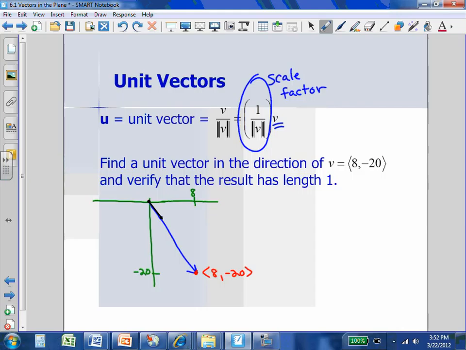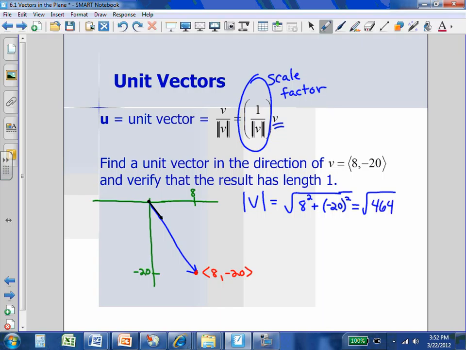So we need to figure out what the magnitude of v is first of all. So the magnitude of v, we're going to take our horizontal component, square it, take our vertical component, square it, and we're going to get 64 plus 400, which is 464.